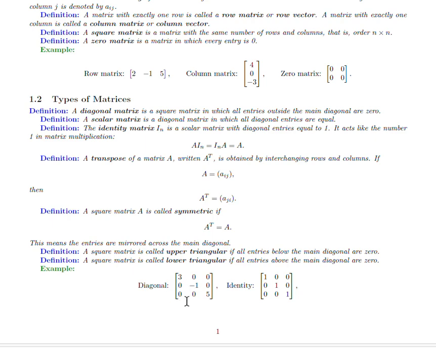To be a diagonal matrix, every other entry will be 0 apart from entries on the diagonal, but for a scalar matrix, all the entries on the diagonal must be equal.